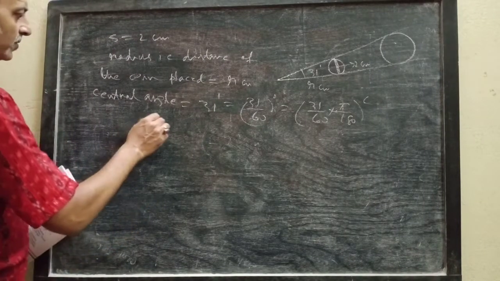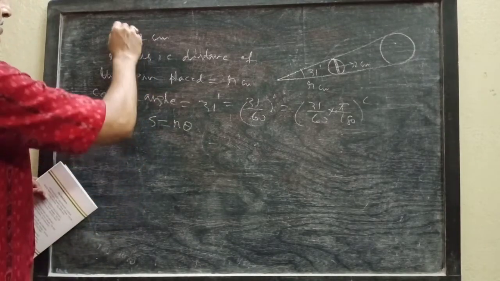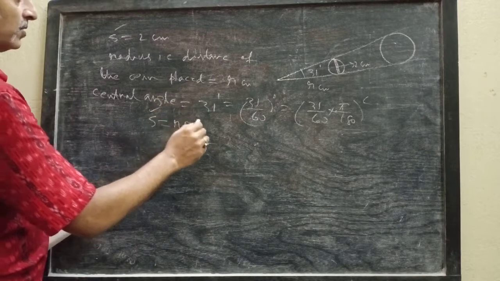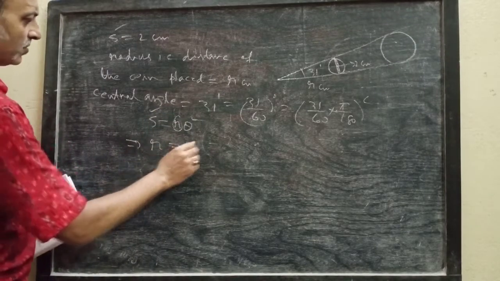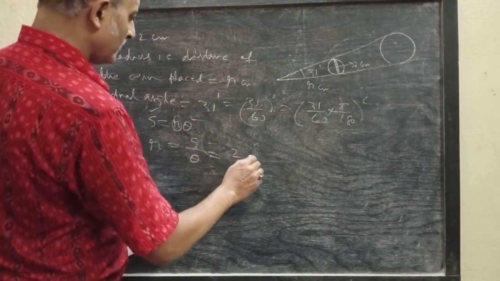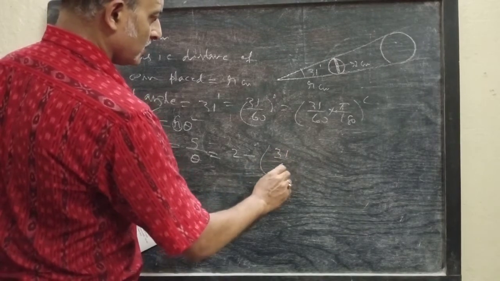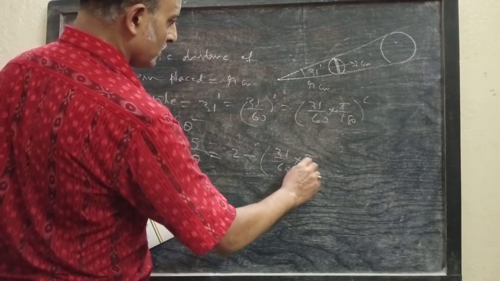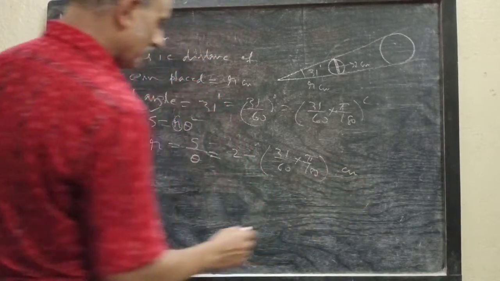So now we have the formula S equals to r theta. We know S, we know theta. You are to find r. So your r will be S by theta. S is 2 centimeter divided by your theta, 31 by 60 into pi by 180. The unit will be centimeter.